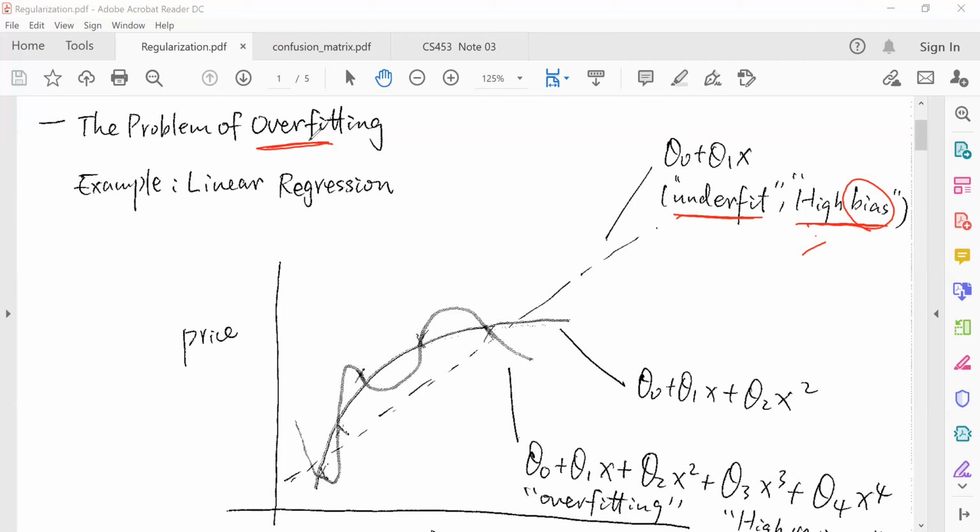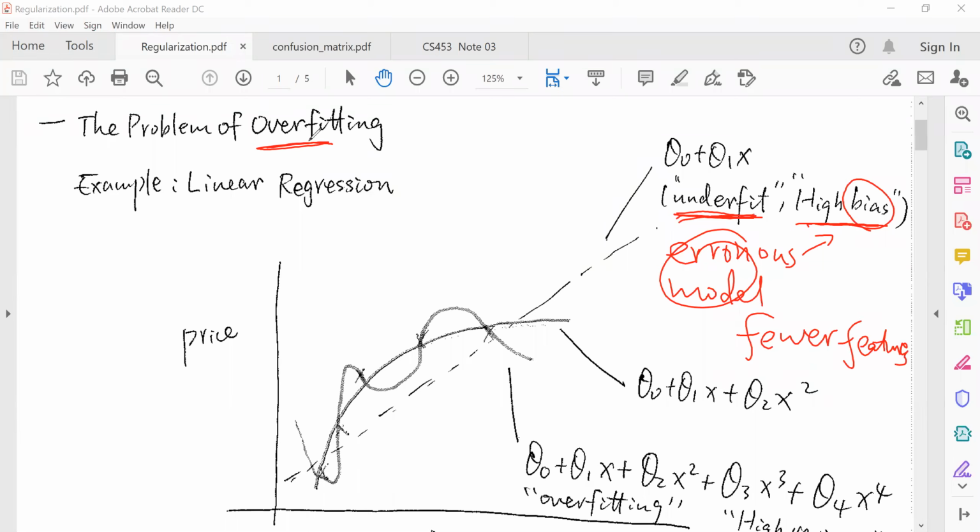Bias generally means the model you set to train is not a good model, an erroneous model, or has fewer features. Fewer features means your model has some big hole, which will cause high bias. So that's called underfit.